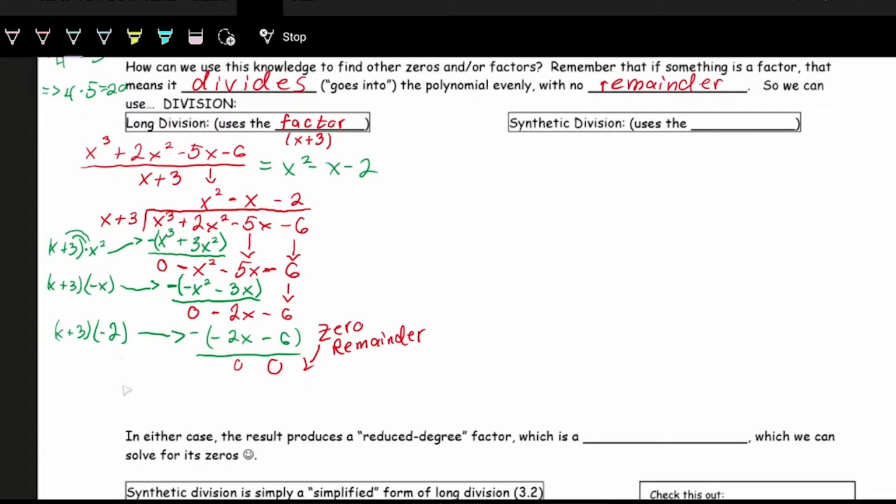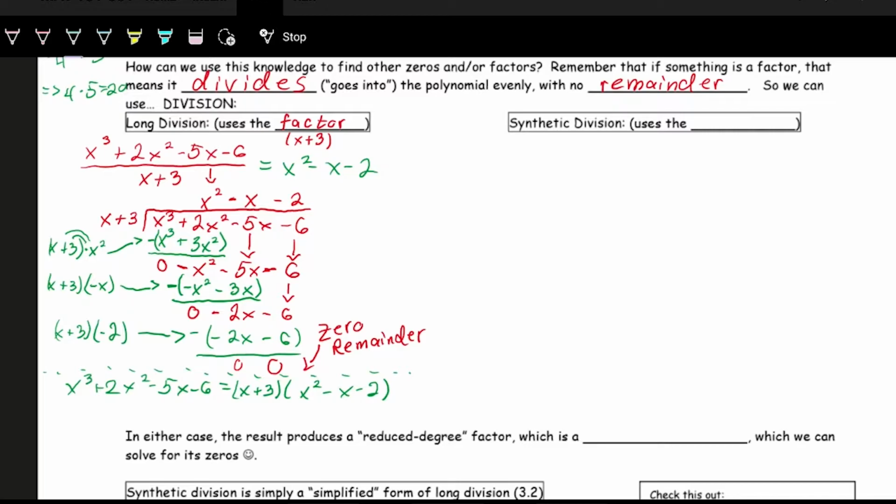So we have x cubed plus 2x squared minus 5x minus 6. That's what we started with. Draw a dotted line to show that we're breaking this up. It is equal to x plus 3, that's what we divided by, and the result was x squared minus x minus 2. And now being able to write it in this way is essentially the goal.